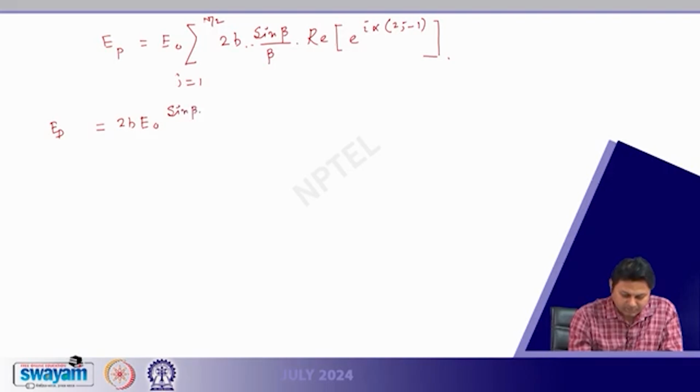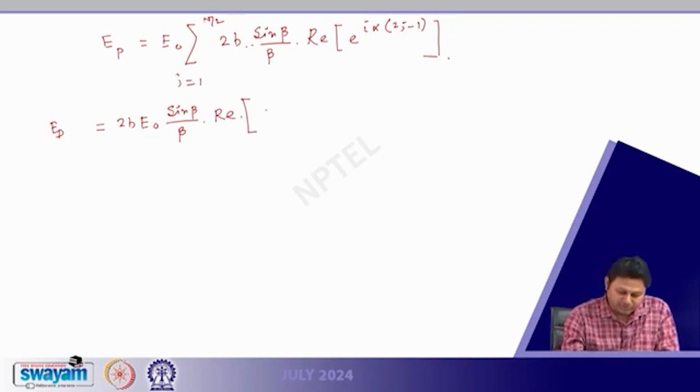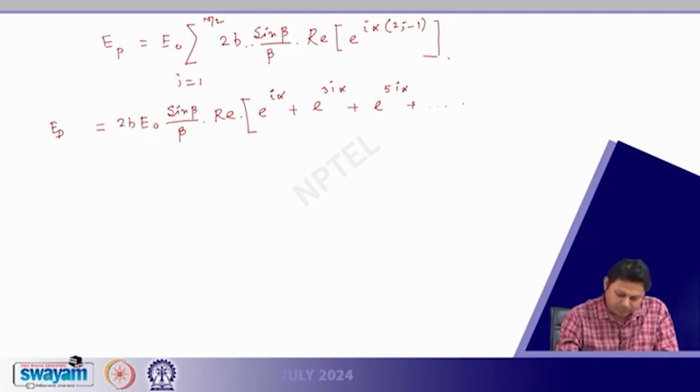sine of beta divided by beta, I take it outside, and then I sum, and that will be real part of, when you put j equal to 1, j equal to 2, then I am going to get this I alpha plus 3 I alpha plus 5 I alpha up to n minus 1 alpha.